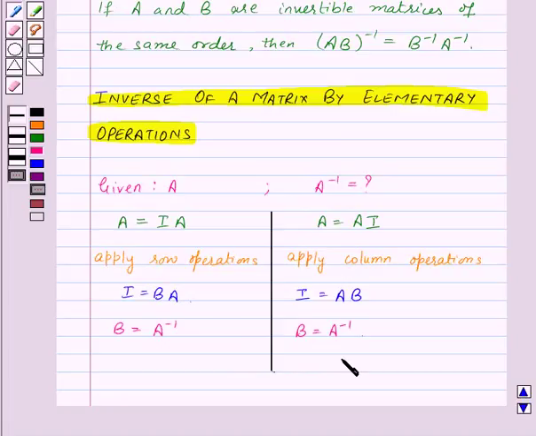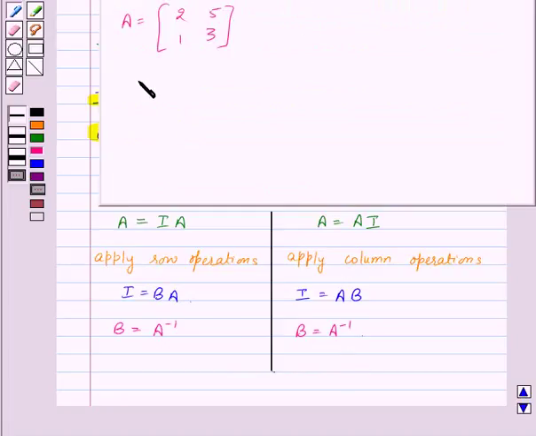Now let's take one example for this. Here we are given a matrix A and we need to find A inverse using elementary row operations.